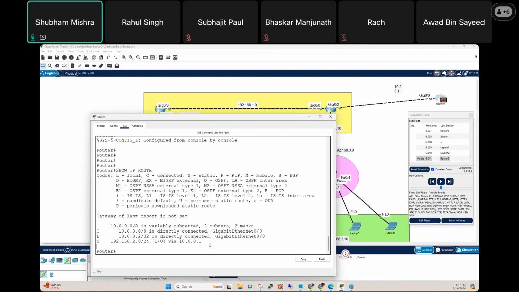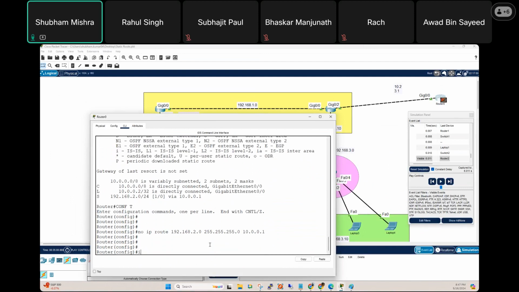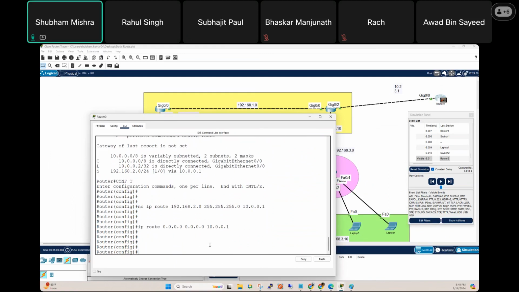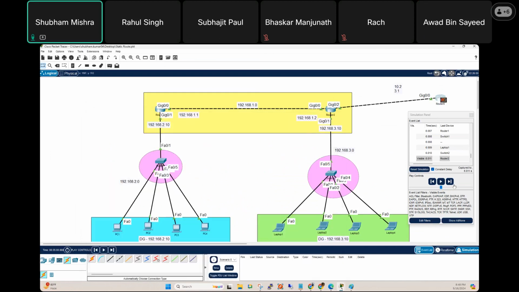But let's suppose I do conf t, remove it, and here I write ip route 0.0.0.0 0.0.0.0 and the next hop is 10.0.0.1. Yes? So I configured which route? The default route.